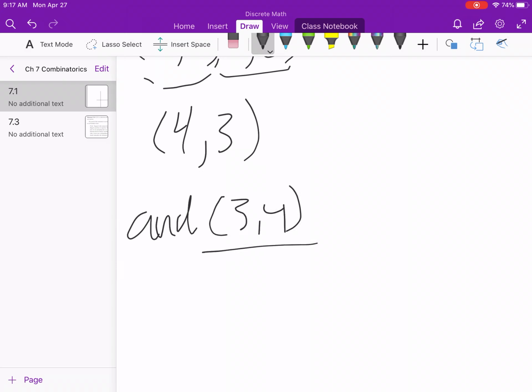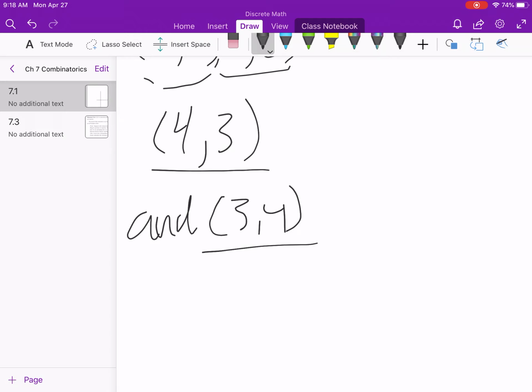These are different ordered pairs, if we're imagining that the order is important. These are actually distinct because they have a different thing in the first and the second, even though they're the same numbers, switched around. Remember that if order matters, these are distinct elements that we actually care about.